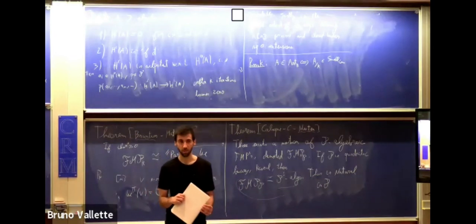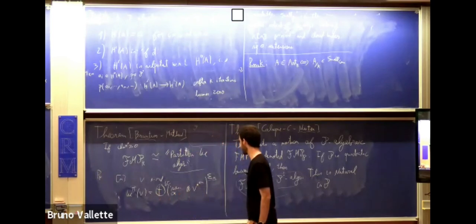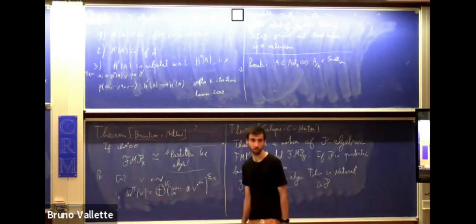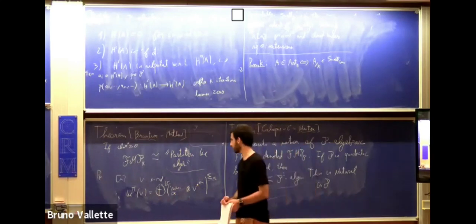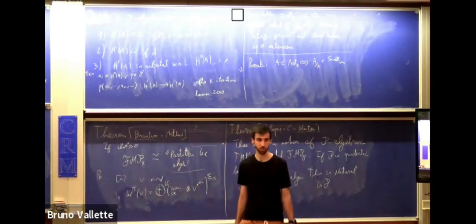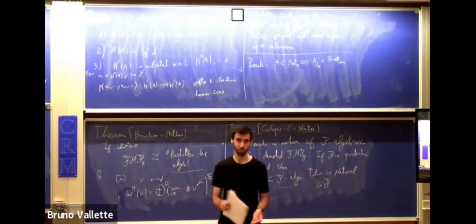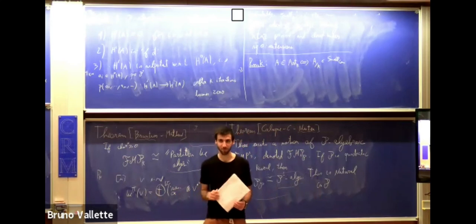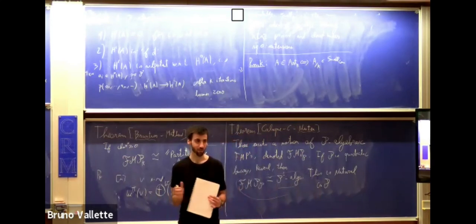I have no idea how to interpret this in positive characteristic, because I've never thought about formality in positive characteristic, besides what Geoffroy was saying and things of the sort, or Paulo.